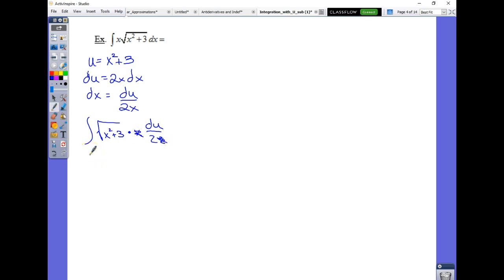I'm going to take that 1/2 and pull that out. I'm going to change x squared plus 3 into u, you'll also notice I turned the square root into the 1/2 power. What is the antiderivative of u to the 1/2?